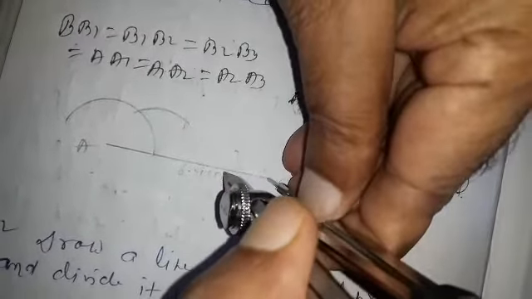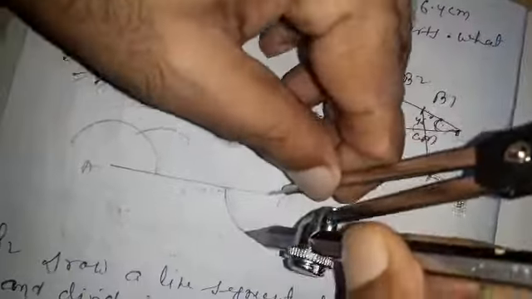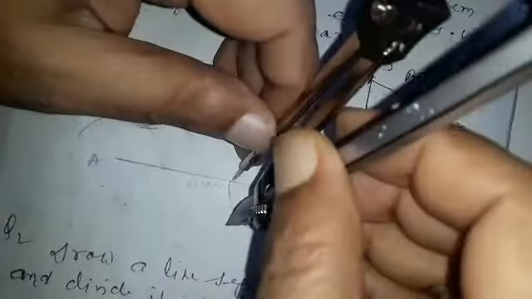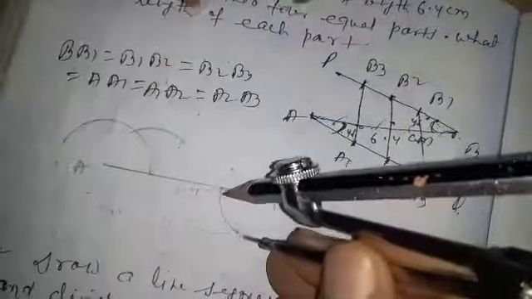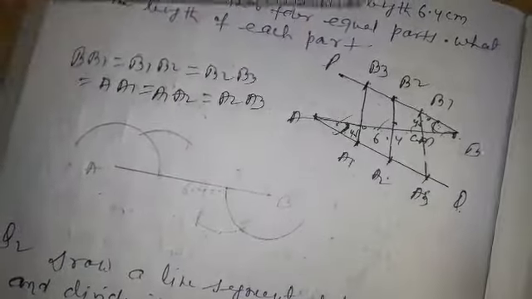Again we make an acute angle at point B, which is also equal to 30 degrees. And draw a line.